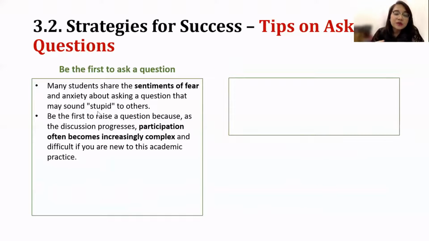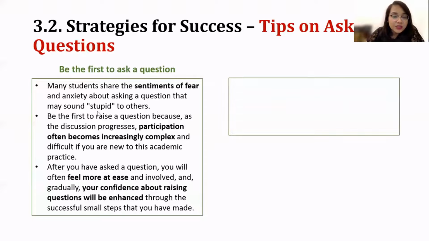Be the first to raise a question because as the discussion progresses, participation often becomes increasingly complex and difficult if you're new to this academic practice. So when the Q&A is just opened, be the first to ask a question, because as the discussion is rolling, it will be more intense and more complex, and you will be more challenged to ask questions, especially if you are new to this academic situation.